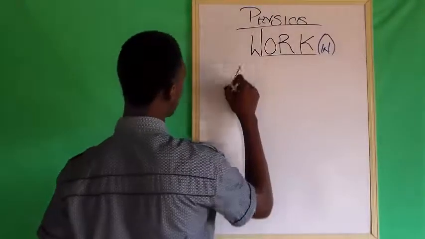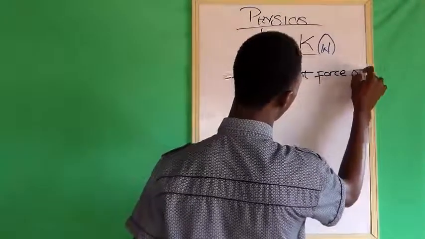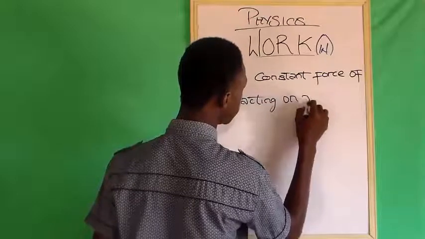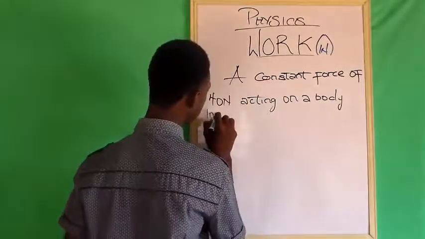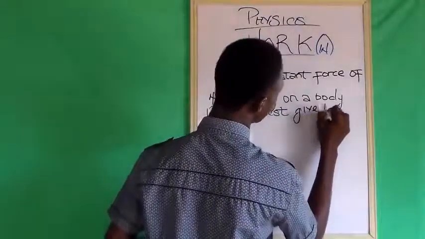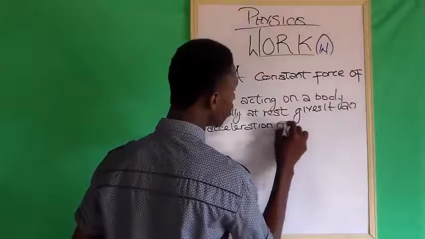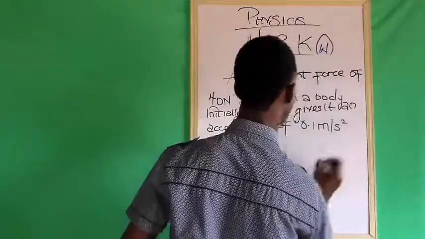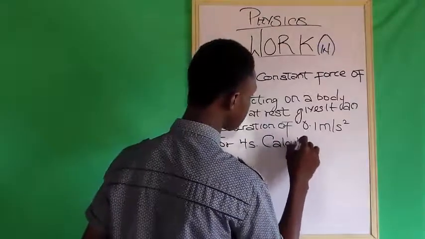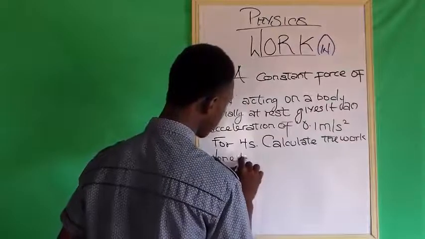The question is: a constant force of 40 Newton acting on a body initially at rest gives it an acceleration of 0.1 meter per second squared for 4 seconds. Calculate the work done by the force.